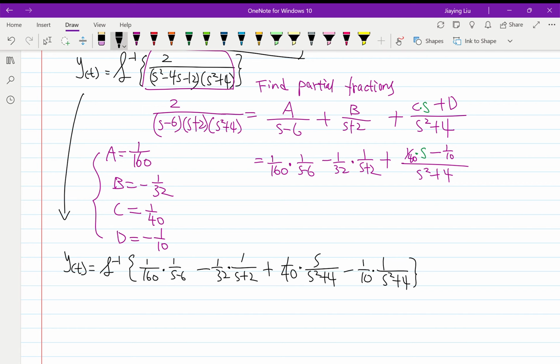And then we're just going to try to find the inverse Laplace of each one of them. So I'm going to rewrite it by pulling out all the constants for every corresponding term.